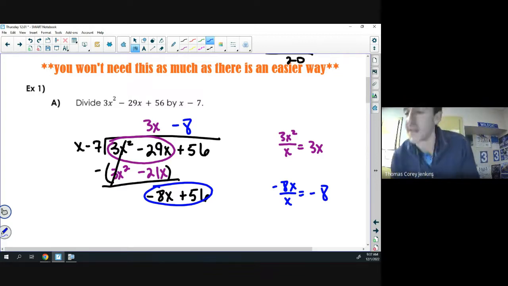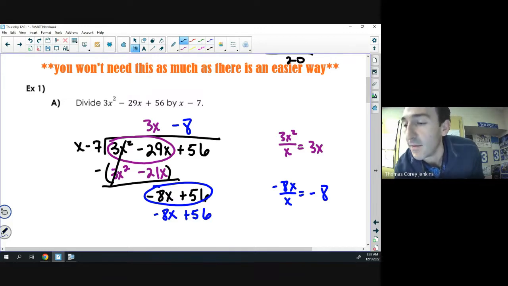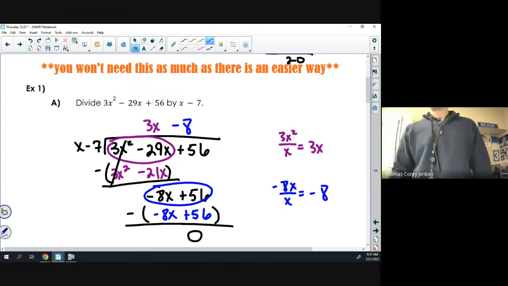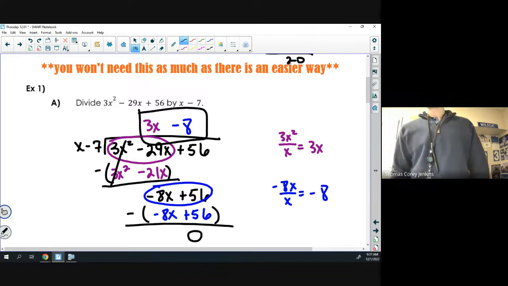So negative 8 times x is negative 8x. See, we get that matchup again. And negative 8 times negative 7 is plus 56. So we get another matchup. And when we subtract, anything minus itself is 0, of course. So that's our remainder. So the answer to the question is that 3x squared minus 29x plus 56 divided by x minus 7 is 3x minus 8.